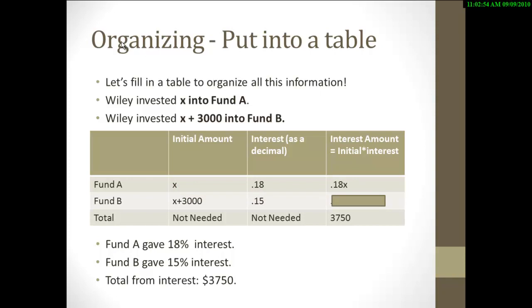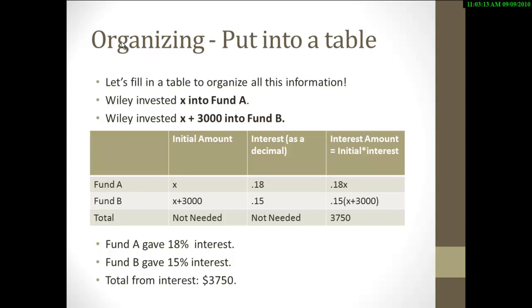And so we just fill that in for the interest amount for Fund A. Now for B, it's the same story. It's the amount invested times the interest, and we fill that in for the interest amount. Notice those parentheses there are not optional. They've got to be there.